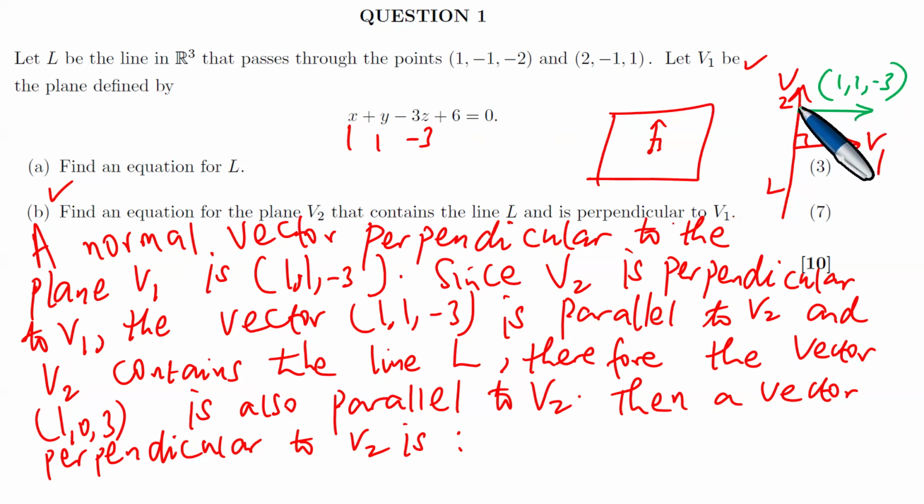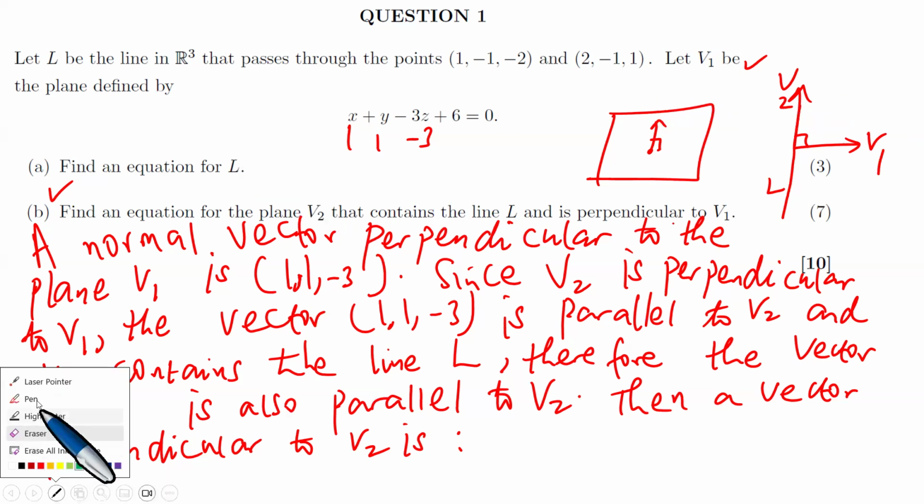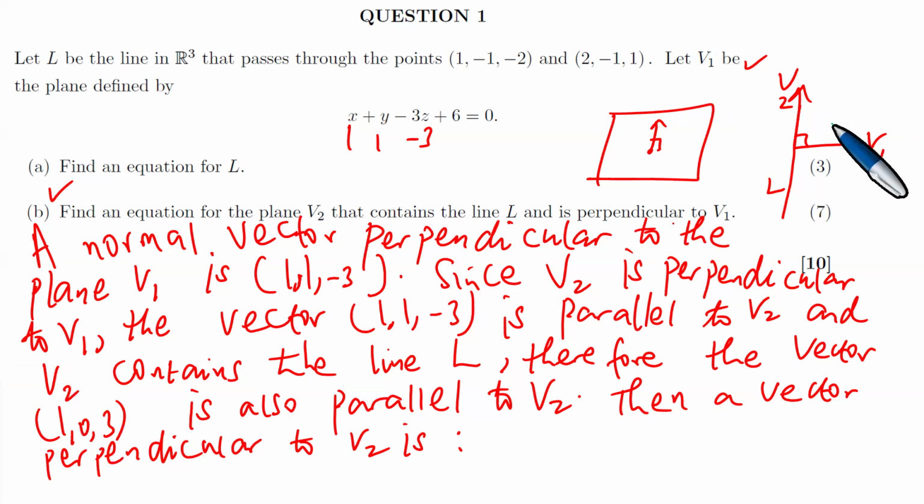So it's perpendicular to V1. Note that it is perpendicular to V1. So let V1 be the plane defined by this. So in other words, you can get a normal to it. Perpendicular to V1 is the vector (1, 1, -3).